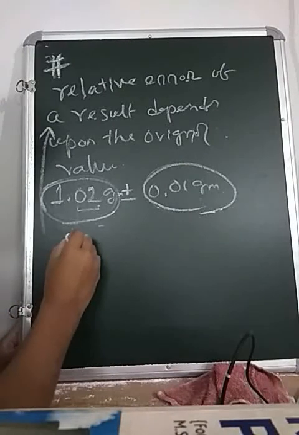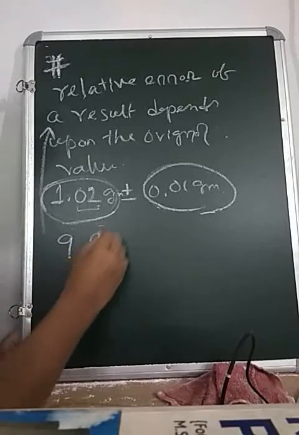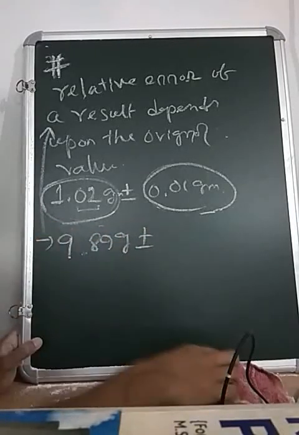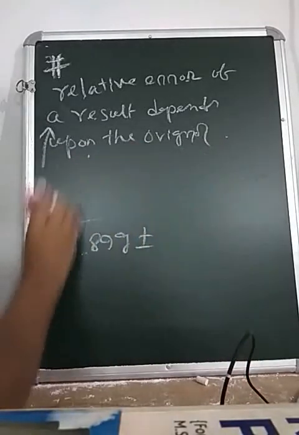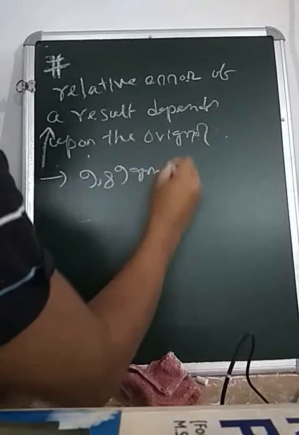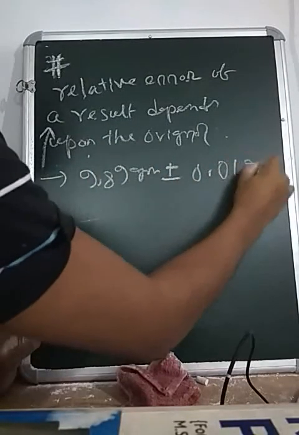Now we take another example, 9.89 gram. We represent the absolute error as 0.01 gram.